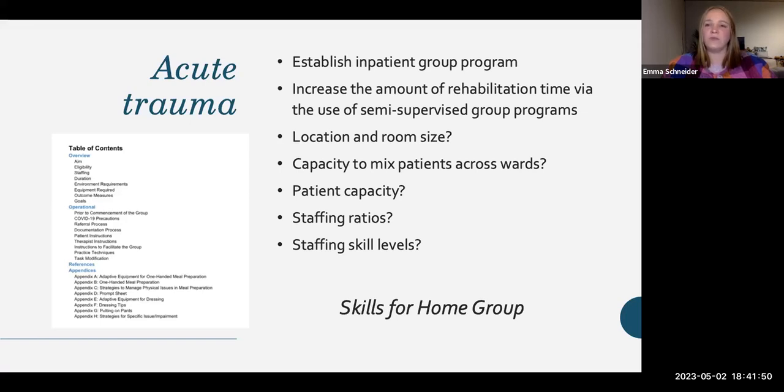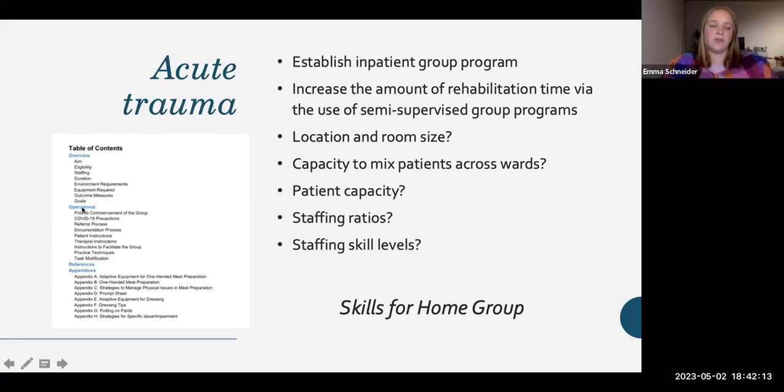They could do some dressing or adaptive practice, or they could do functional mobility training and meal prep, because it was all in that same space. But we had to work really carefully with our other allied health professionals because it was a shared area and we had capacity limits in the room based on COVID requirements at the time.